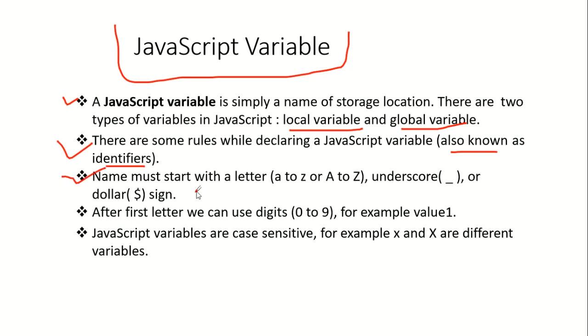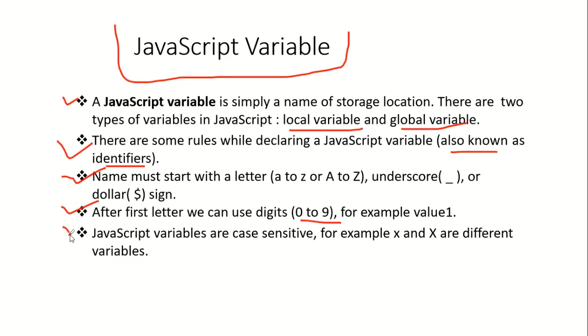The name must start with a letter like A to Z, alphabets, uppercase or lowercase, underscore or dollar sign. And after the first letter, we can use digits 0 to 9. For example, first you have to use characters, then you can use numbers.